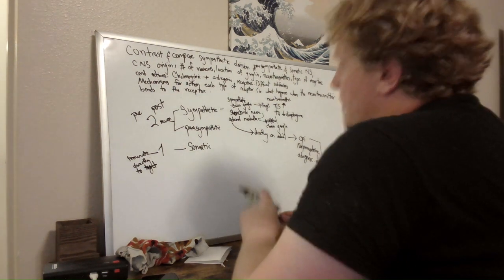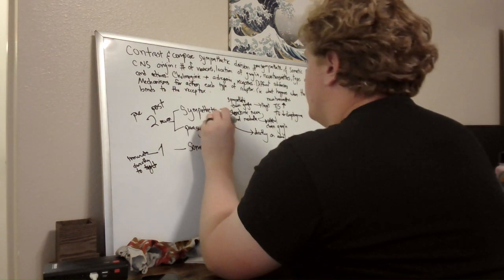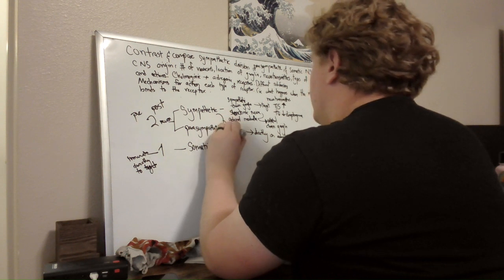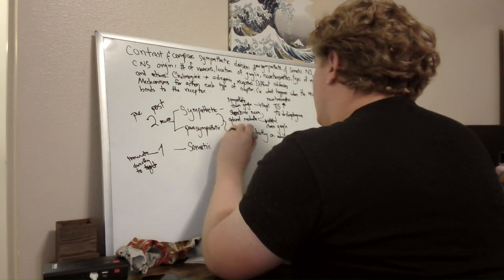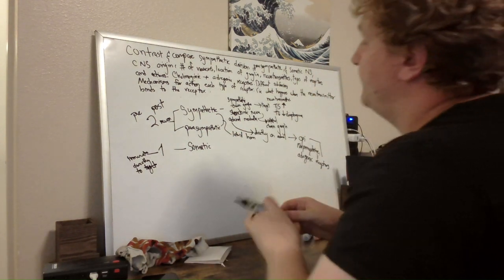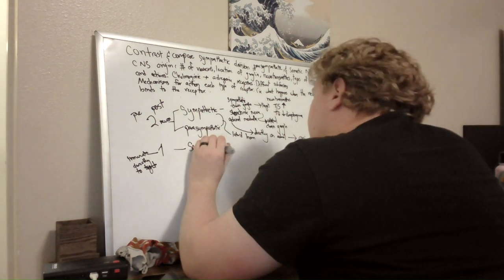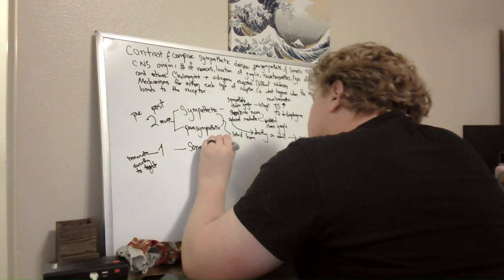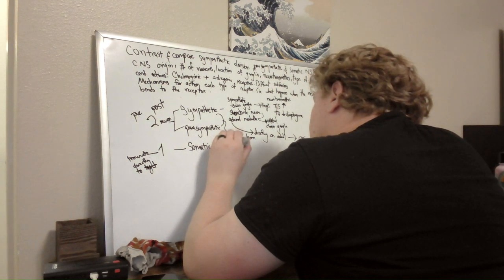So this autonomic will come out of the lateral horn of the vertebrae, and the somatic, depending on if it is sensory or motor.